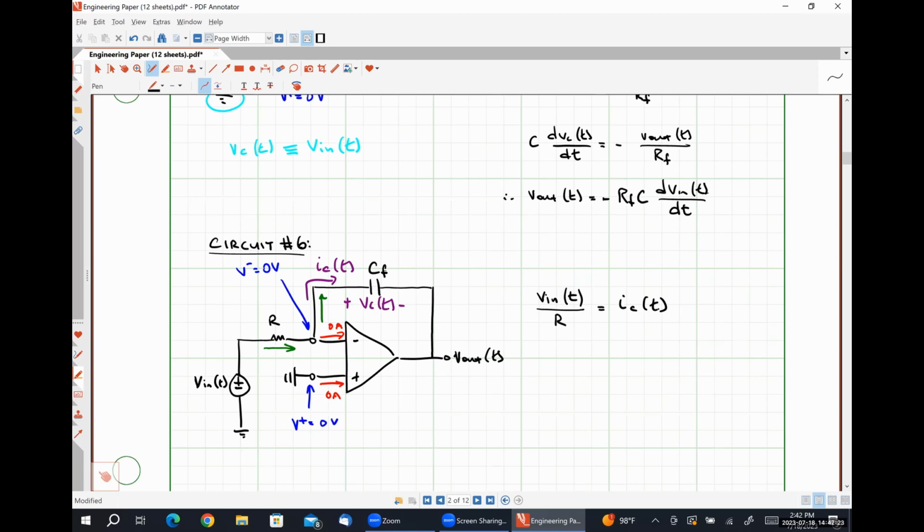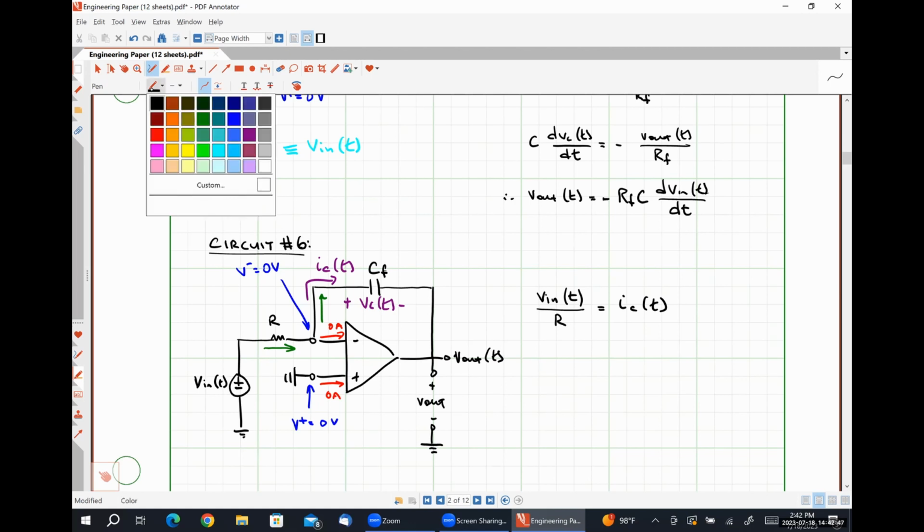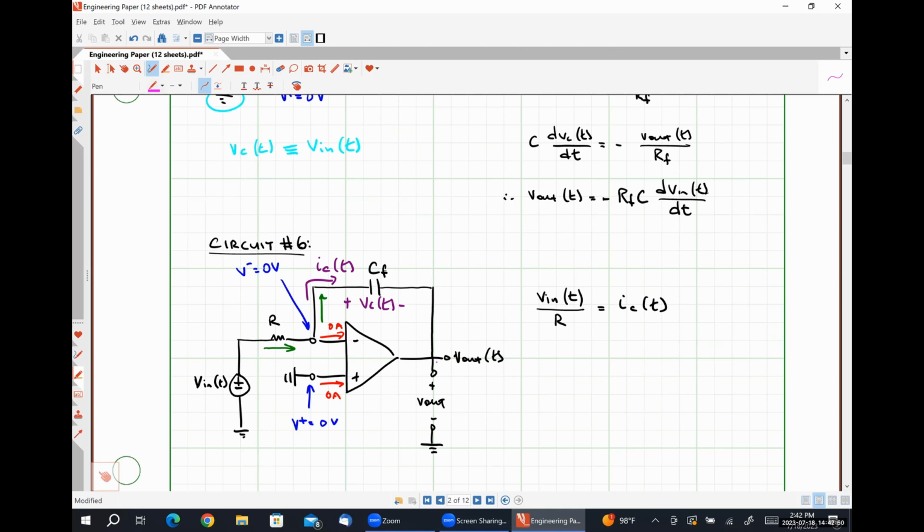Let's look at some things here really quickly. Our output voltage is a nodal voltage, meaning that it is measured with respect to ground. So another way to think about it would be like so. Our positive polarity terminal of the output voltage is at the same node as the negative polarity terminal of our capacitor voltage.